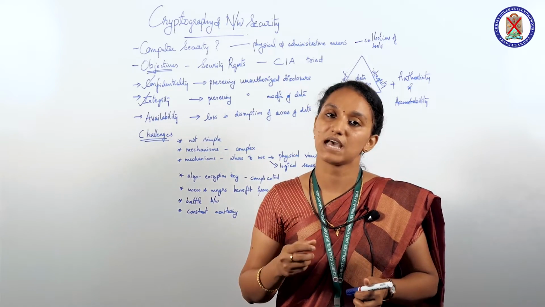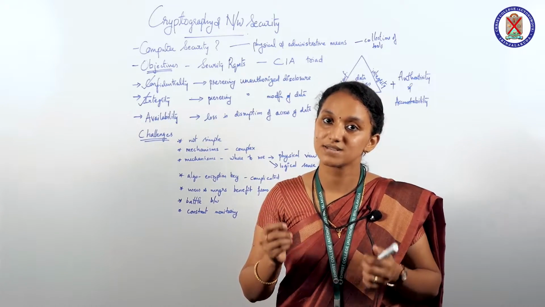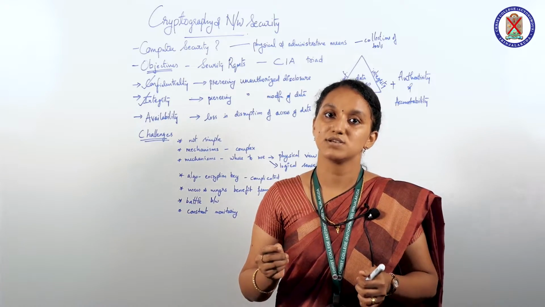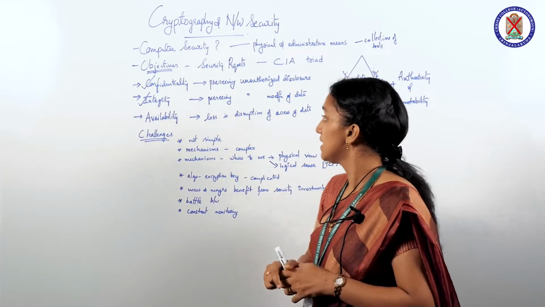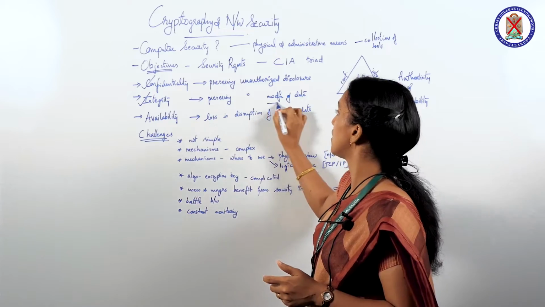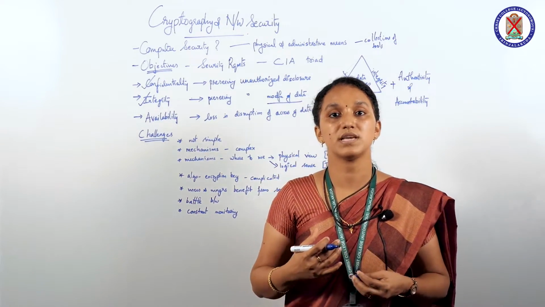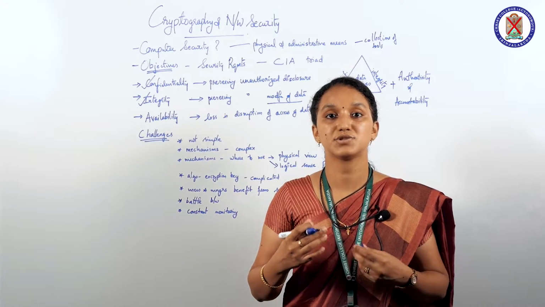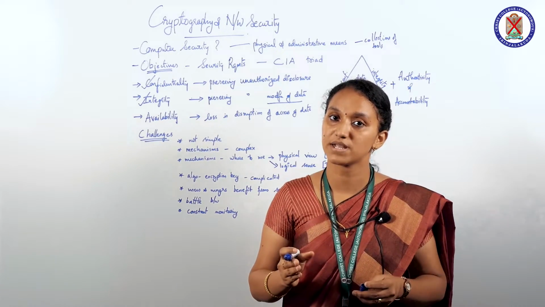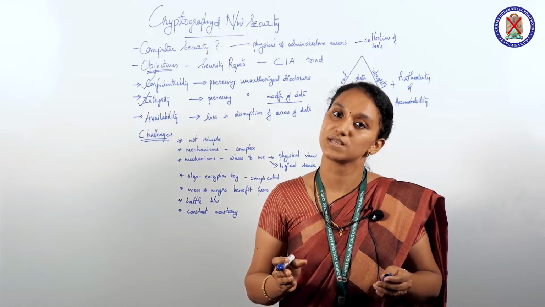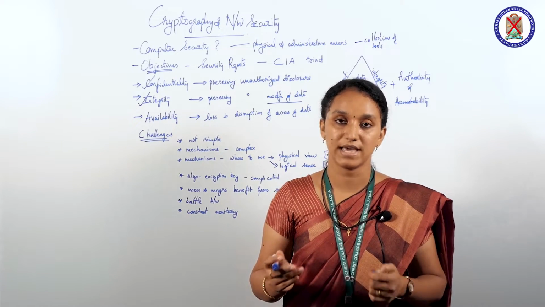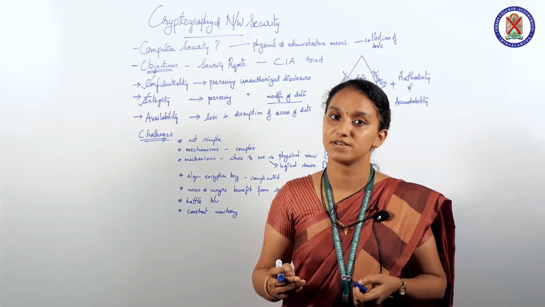The manipulations have occurred. In that case, there is loss of integrity. So integrity is nothing but preventing the improper modification of data. If I have the authorization to modify it in a specific pattern and that is maintained, you can say integrity is preserved. Else you say there is a loss of integrity.